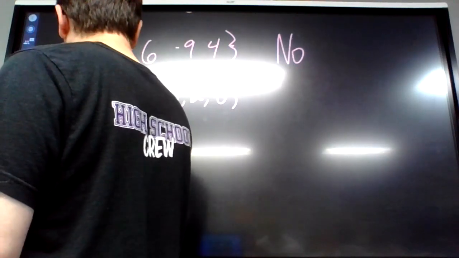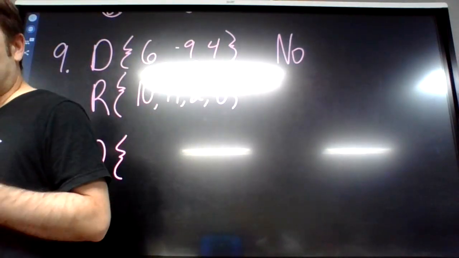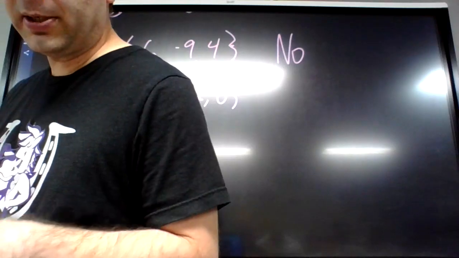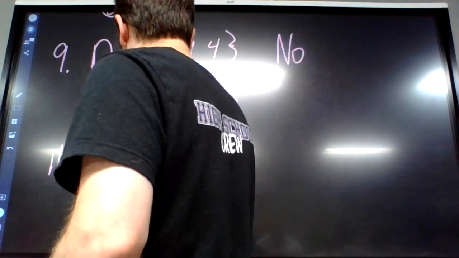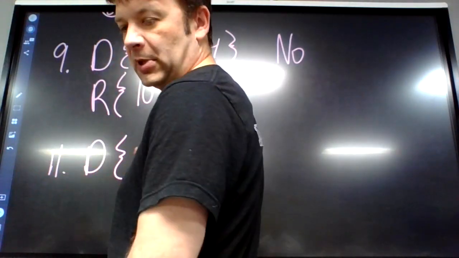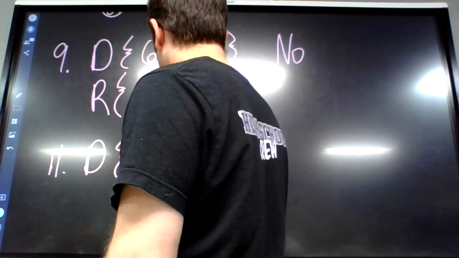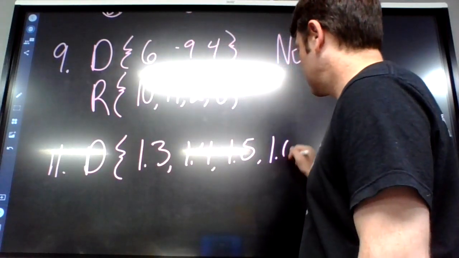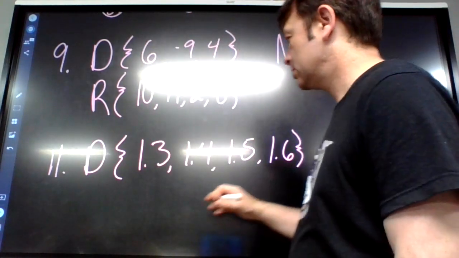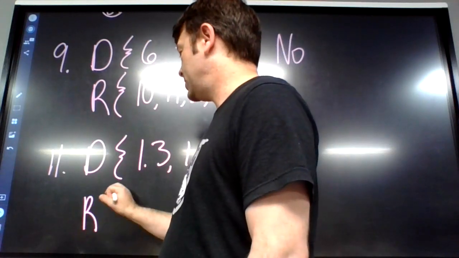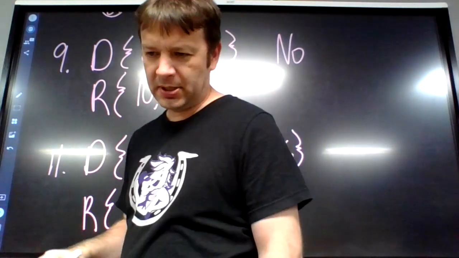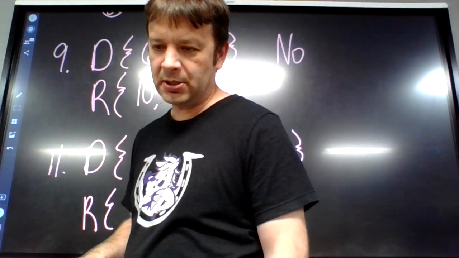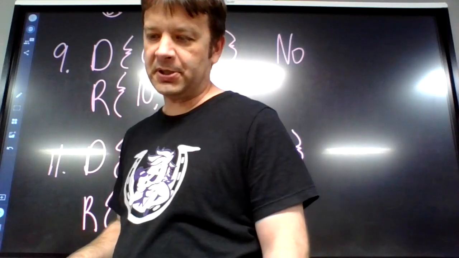Okay, number 11. What is the domain? 1.3, 1.4, 1.5, 1.6. And the range is 3.7.